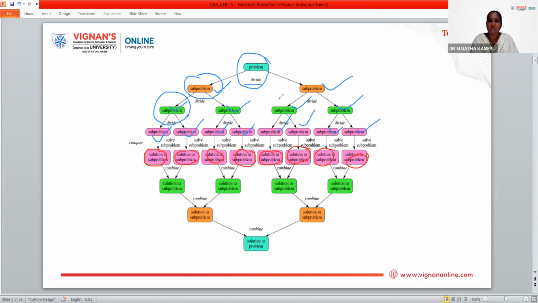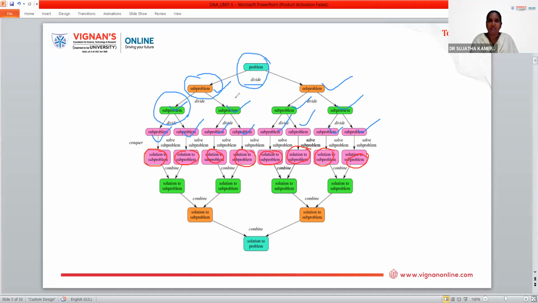If the subproblems are not small, then again we apply the divide and conquer method to these subproblems. So the subproblems are again divided into subproblems. We divide the problems till we get the smallest problems, which can be solved without further splitting.